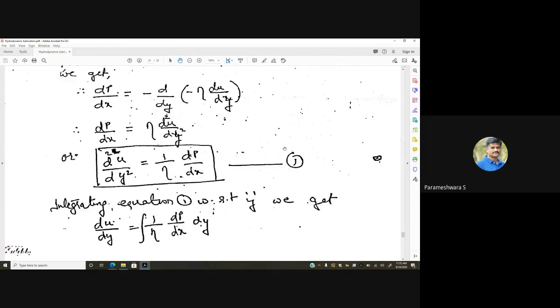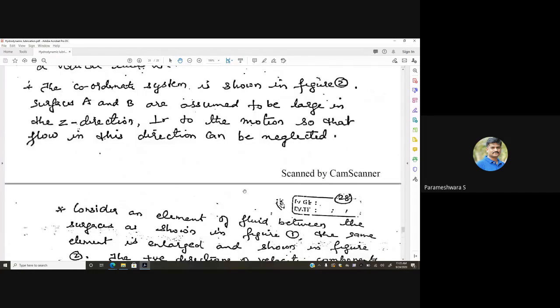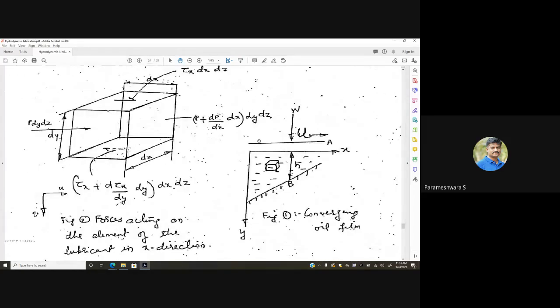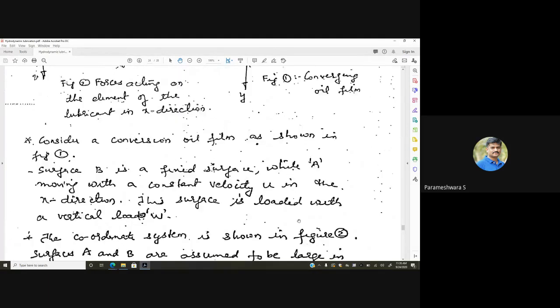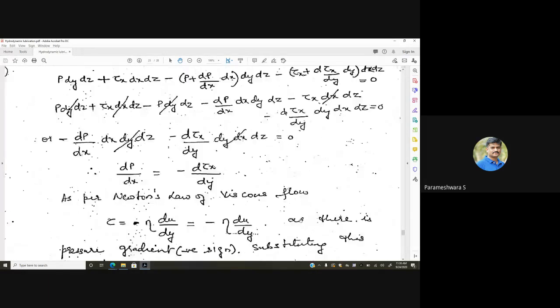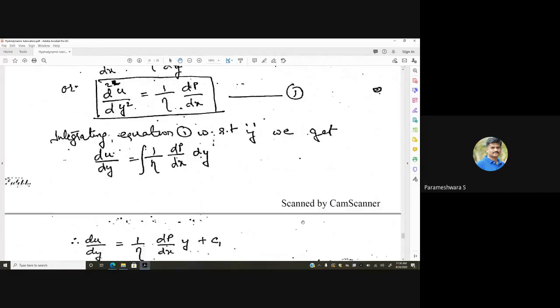Integrating equation 1 with respect to y. What is this y? y is the distance in the other direction, the vertical direction. So what we get is d square u by dy square becomes du by dy is equal to 1 over eta integral of dp by dx into dy.